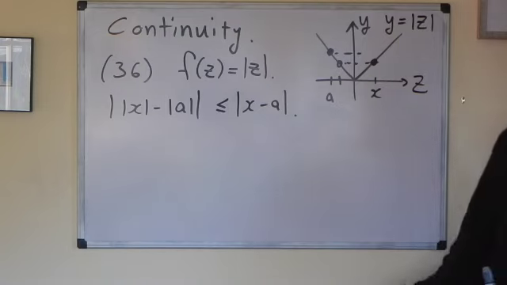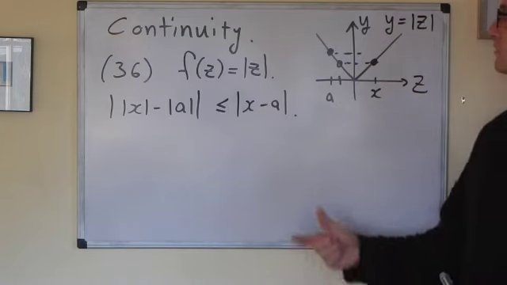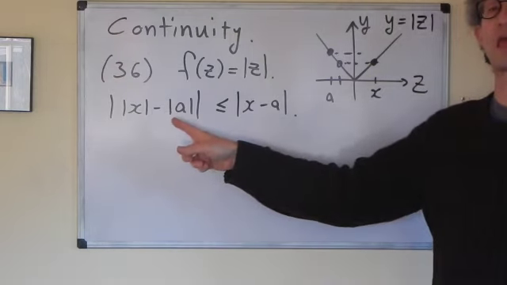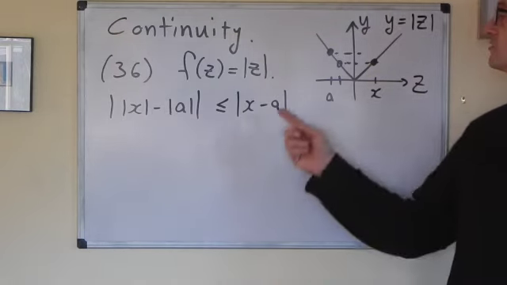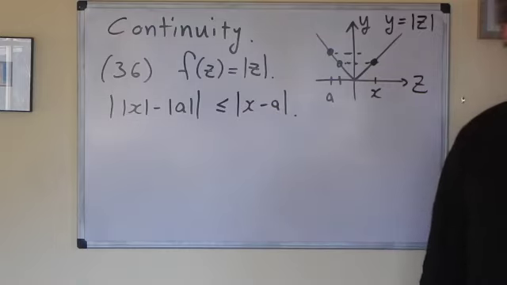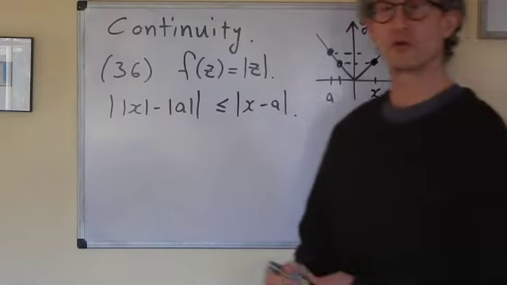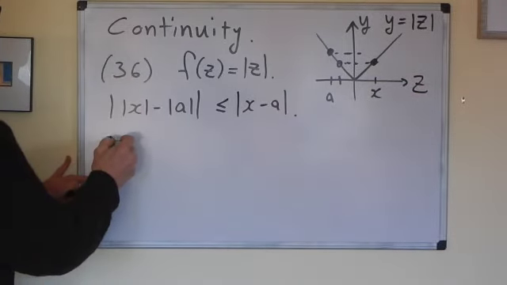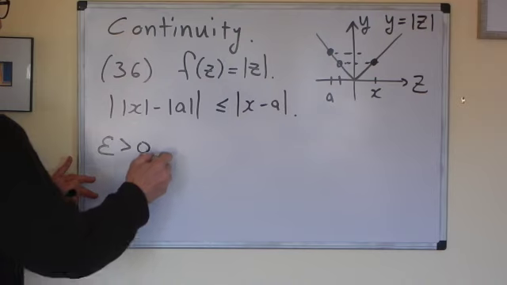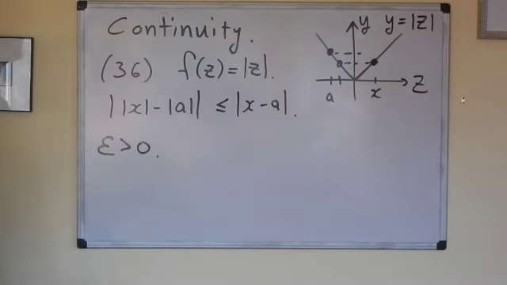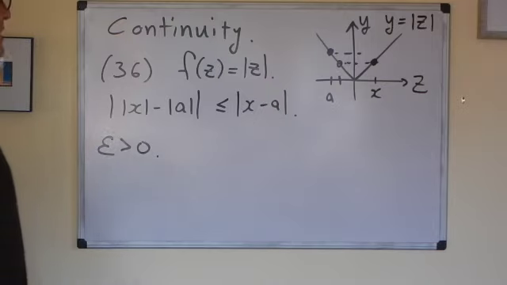Now, when we're considering continuity, we're trying to show that the difference between the values of the functions can be made small by choosing the distance between the points at which the function is evaluated small. So in terms of our notation, we have an epsilon bigger than 0, and we want to show that the distance between the values of the function is less than epsilon.